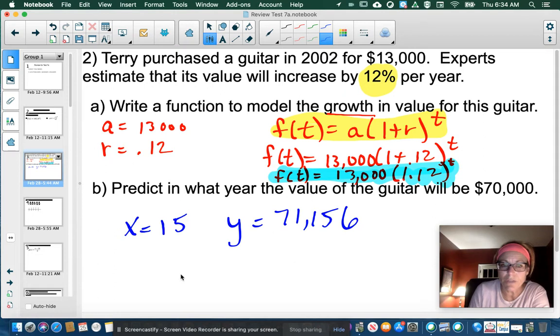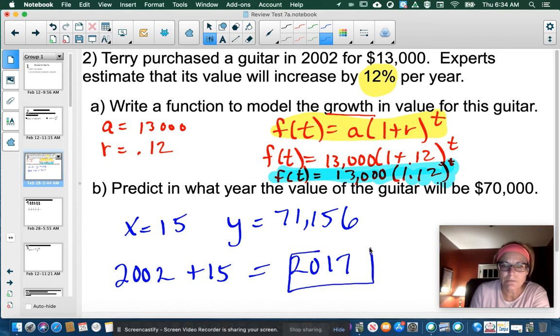That was the value of the guitar. So we're in the year 2002 right now. So in 15 years, we will be in the year 2017. That is the year that the value of the guitar will be $70,000, approximately.